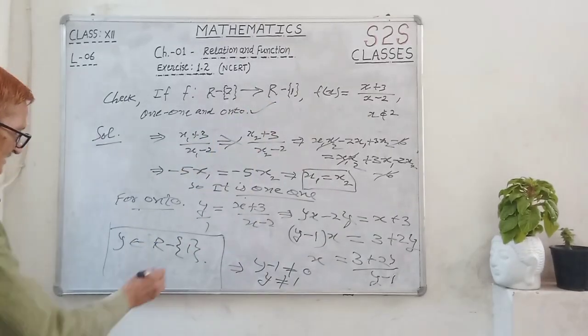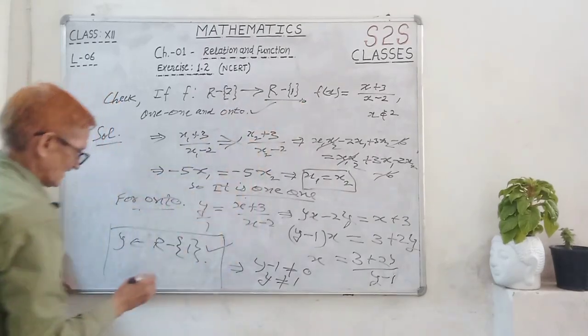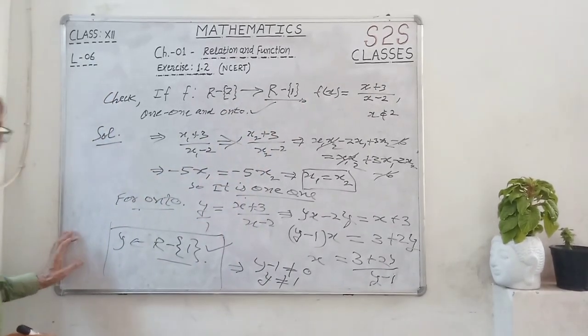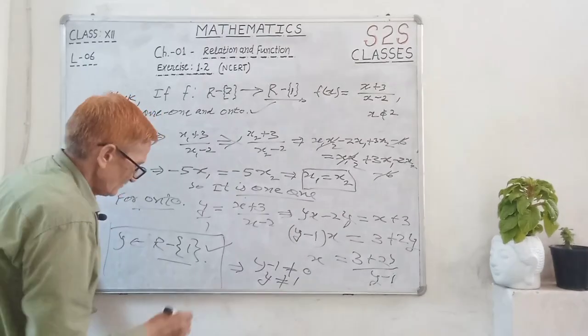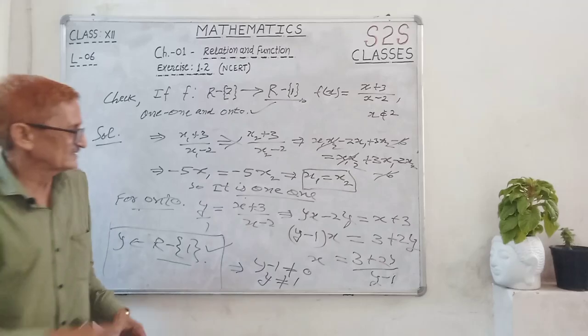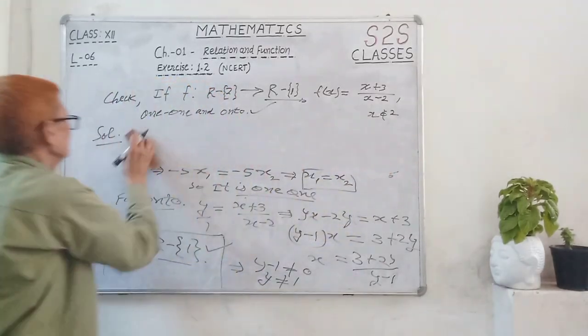So like this is same, what is the codomain set? Same range set. So hence we can say it is onto, because range set is equal to codomain set. So write this, range set is equal to codomain set.